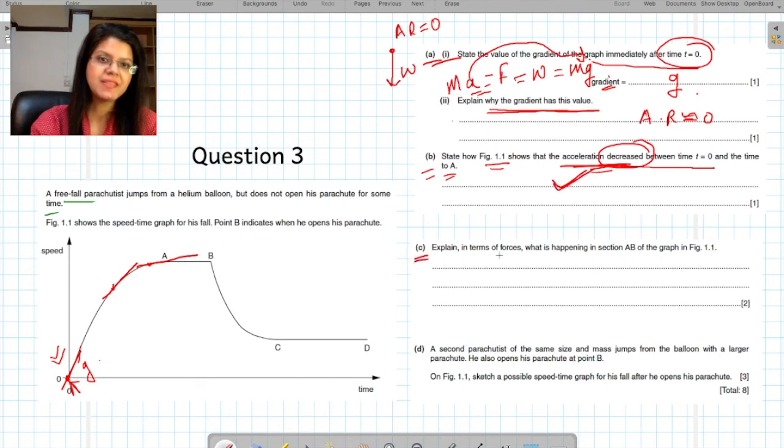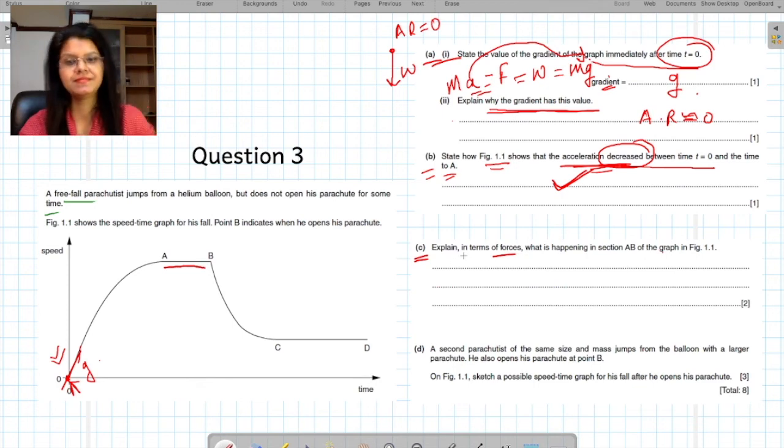C part, explain in terms of forces what is happening in the section AB. What is happening in the section AB? They are talking about section AB of the graph. So what is happening in the section AB? 0 acceleration. Why is it a 0 acceleration? Because if you see, it is a constant speed.